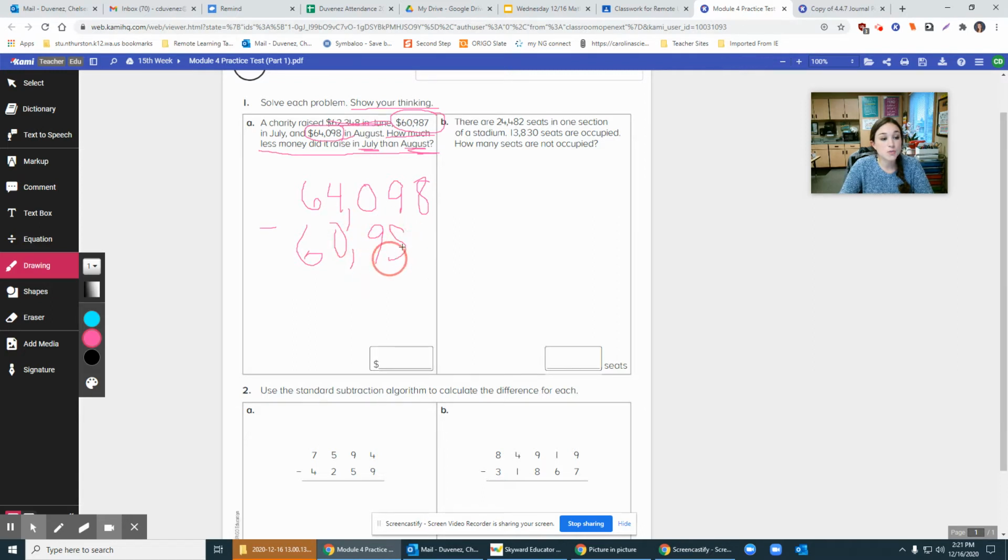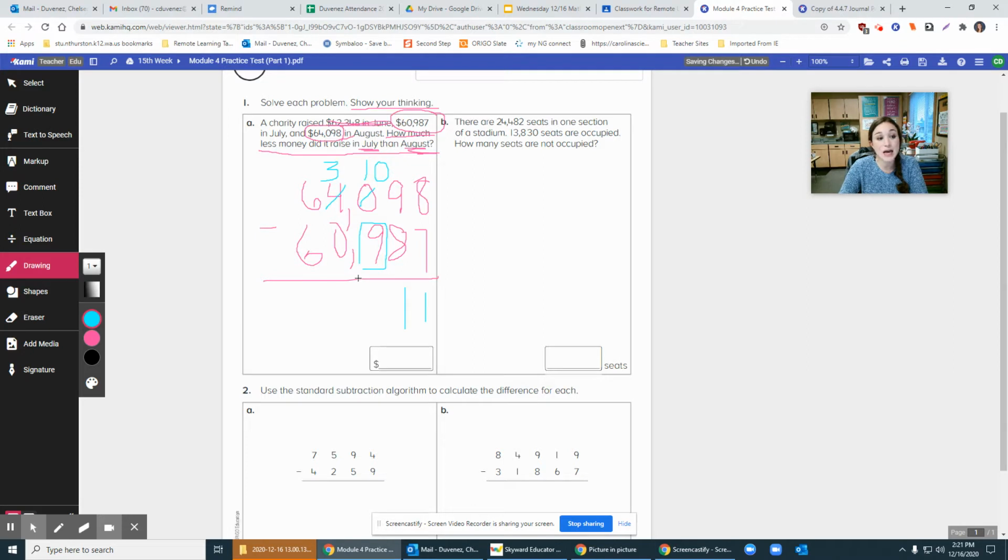And then make sure your place values are lined up. So again, we always start with the ones place. 8 minus 7 is 1. 9 minus 8 is 1. 0 minus 9 is not 9. When there's more on the floor, go next door, regroup, and get 10 more. So I'm just moving 1,000 over into the hundreds place.